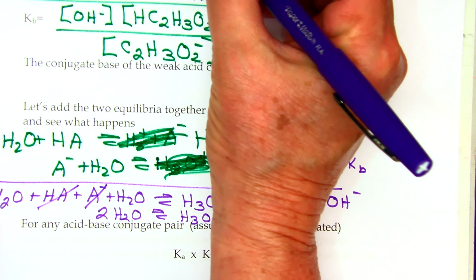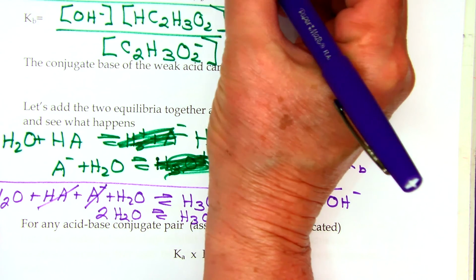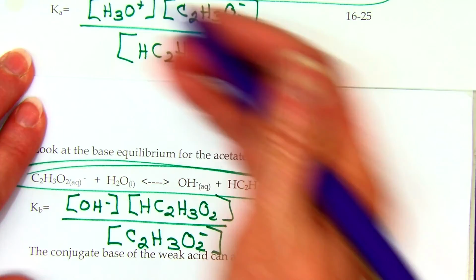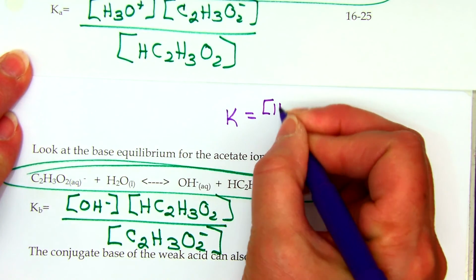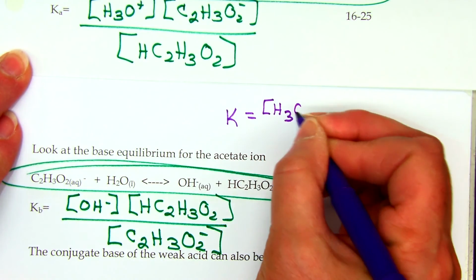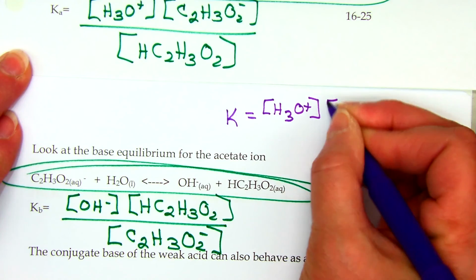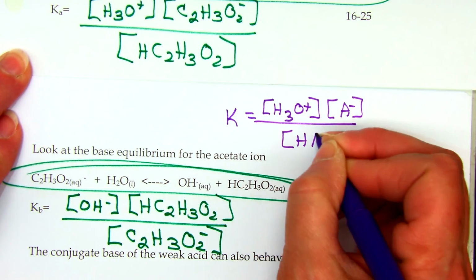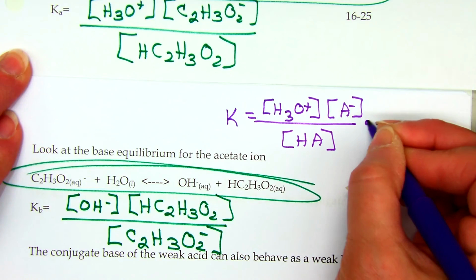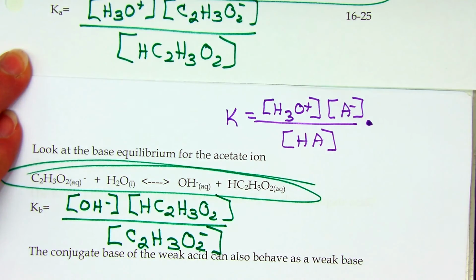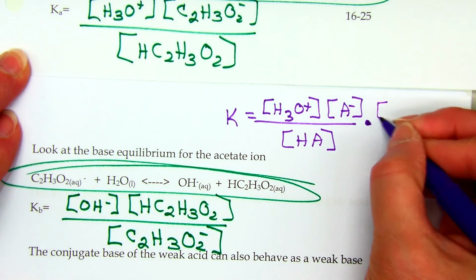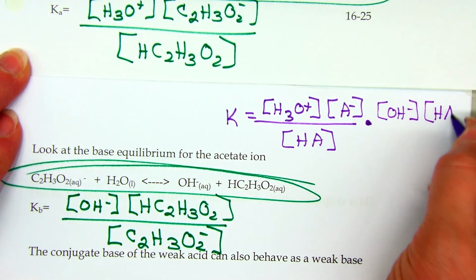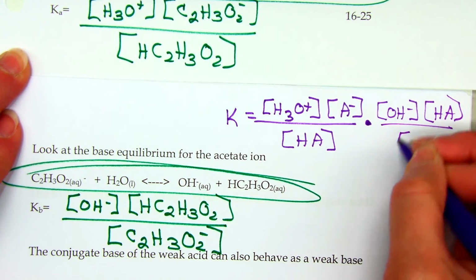So my new K is equal to my Ka from before, H3O plus times A minus divided by HA, times the equilibrium K, the Kb, OH minus times HA divided by A minus.